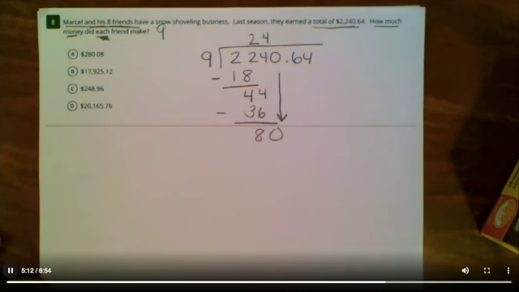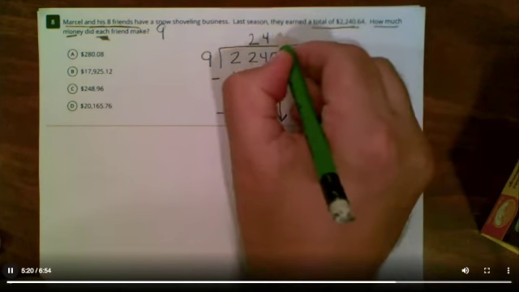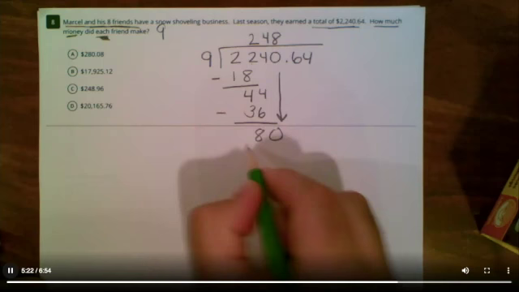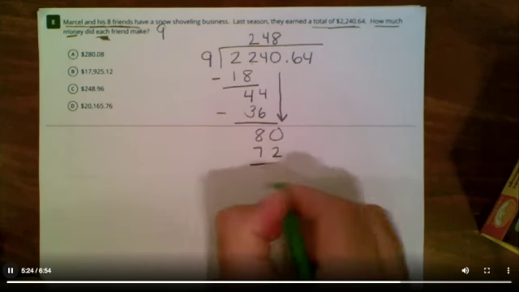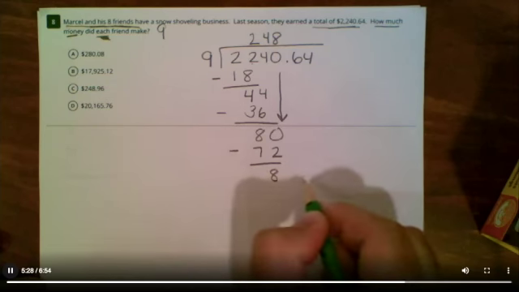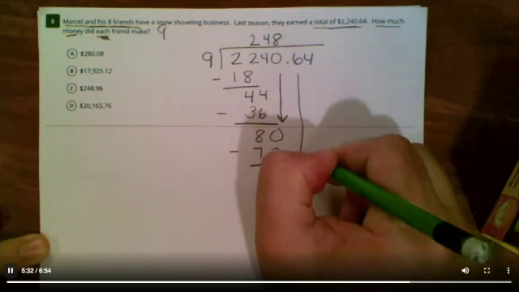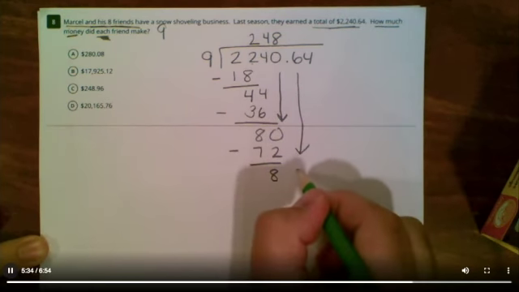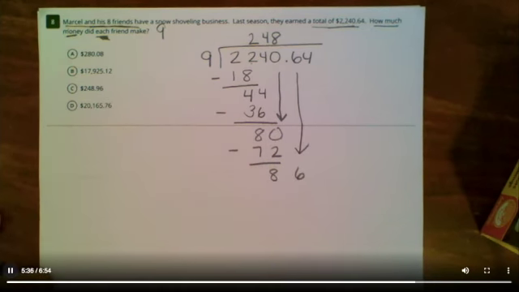So now we're taking 9 and we're seeing how many times it goes into 80. 9 times 9 is 81. So this has to be 9 times 8. So we have a remainder of 8. We bring down this 6.